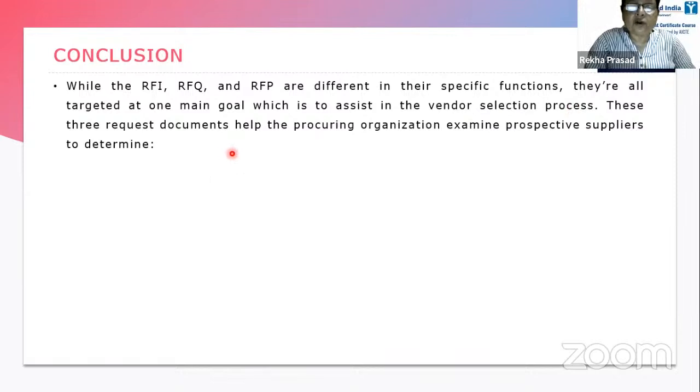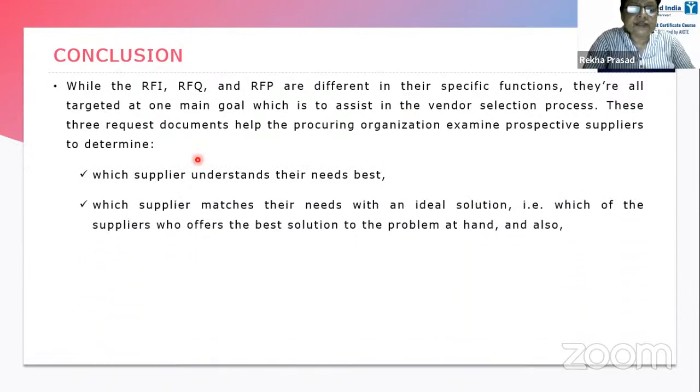These 3 request documents help the procuring organization examine prospective suppliers to determine which supplier understands their needs, which supplier matches their needs with an ideal solution, that is, which of the suppliers offers the best solution to the problems at hand, and also the most cost-effective option to proceed with.